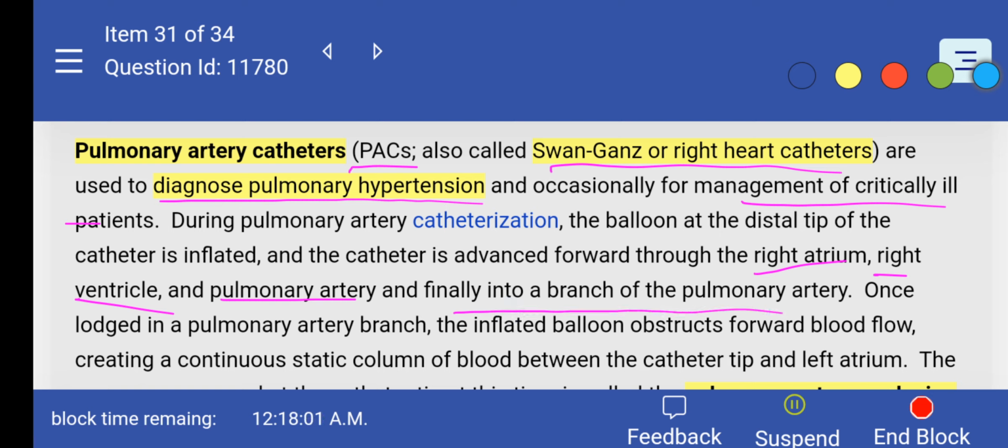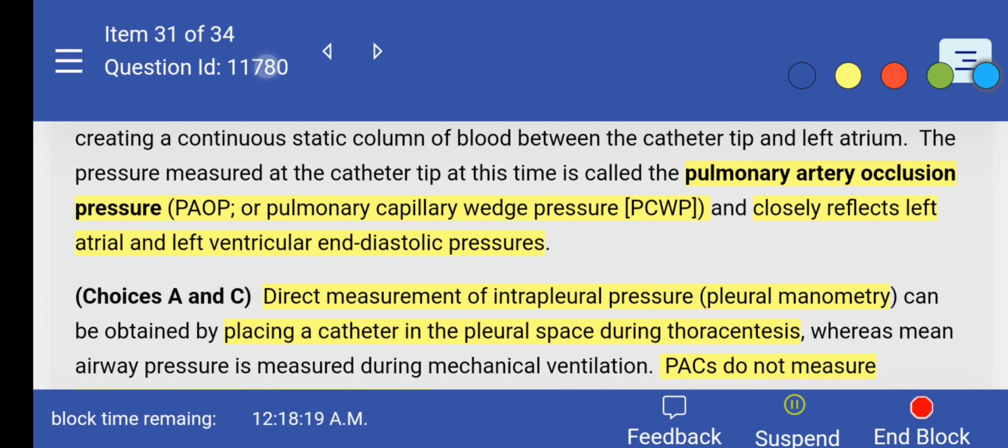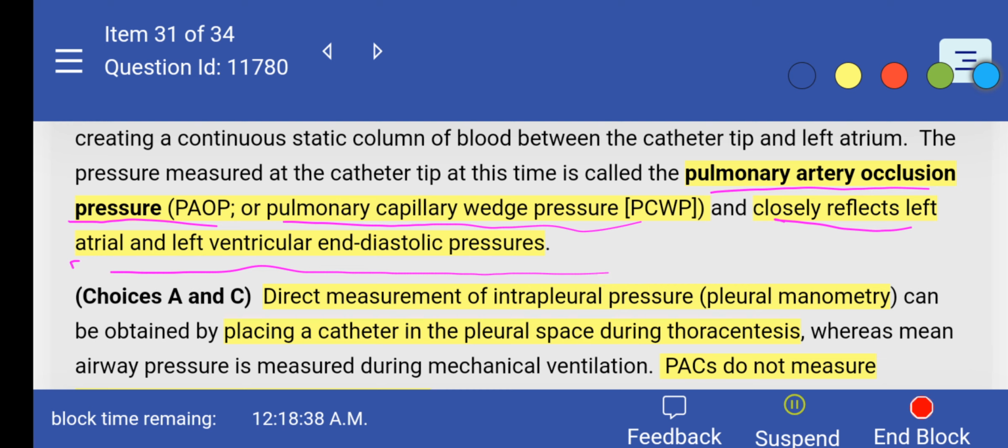Once lodged in a pulmonary artery branch, the inflated balloon obstructs forward blood flow, creating a continuous static column of blood between the catheter tip and the left atrium. The pressure measured at the catheter tip at this time is called pulmonary arterial occlusion pressure, or pulmonary capillary wedge pressure, PCWP, and closely reflects left atrial and left ventricular end diastolic pressures. That's why I selected left atrial pressure.